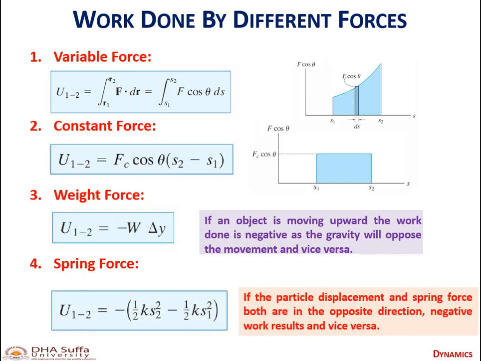Lastly, the spring force: the work done by the spring force has k as the spring constant, which will be provided to you, whereas s2 and s1 are the initial and final positions of the spring. The minus sign only shows that the force is exerted in the opposite direction of the displacement.